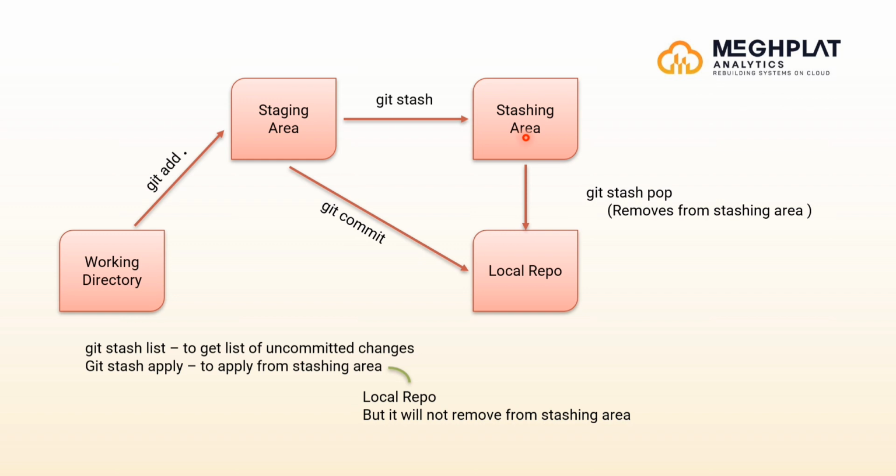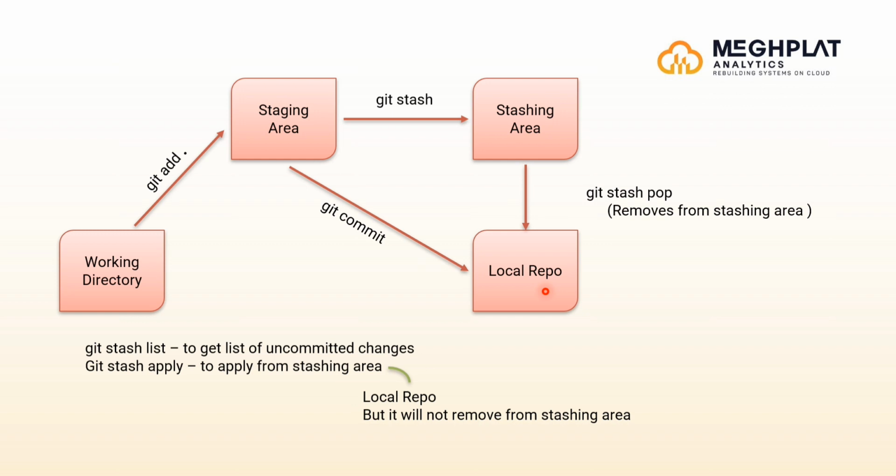Whenever I want the changes from the stashing area back in my local repository, there are two types of commands: git stash pop and git stash apply. What git stash pop will do is take all the uncommitted items from the stashing area to the local repository, and then they will be removed from the stashing area.